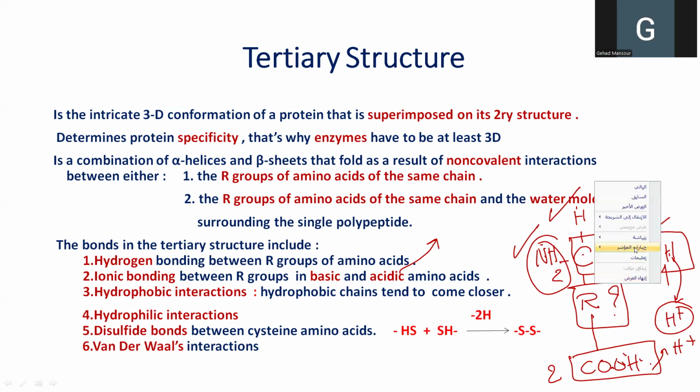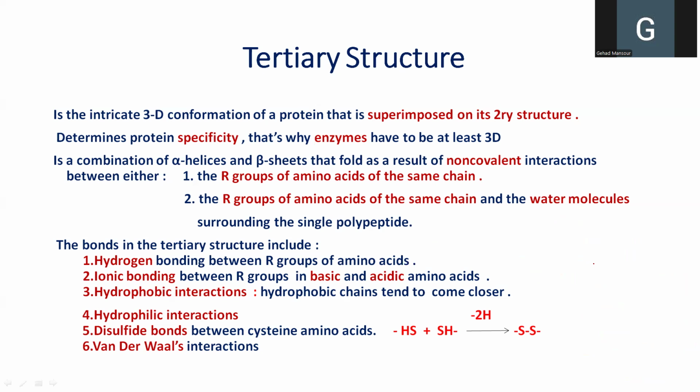But sometimes the side chain does not contain COOH, but contains a second amino group. So here we have the R group, which is variable, then COOH, and then H, and then NH2.